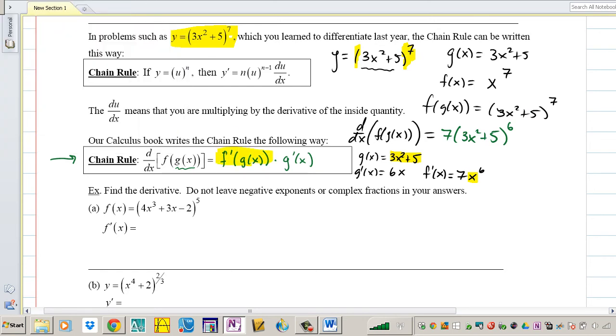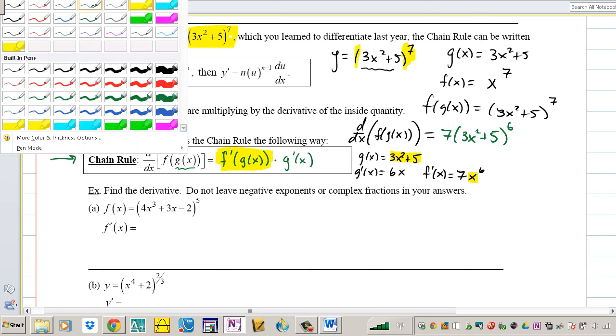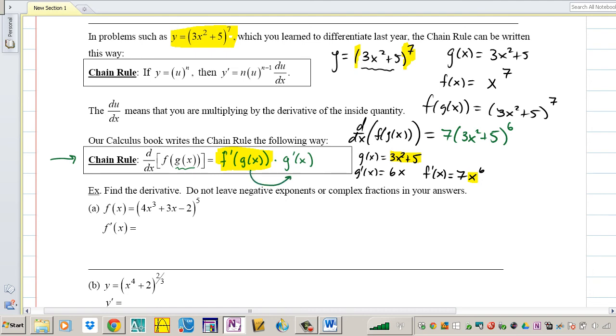What's left is the chain, this derivative that's being attached to my function. So what is g prime? g prime was 6x. Cleaning this up, you get 7 times 6x, which is 42x, times (3x squared plus 5) to the 6. And that is my derivative of this composite function.